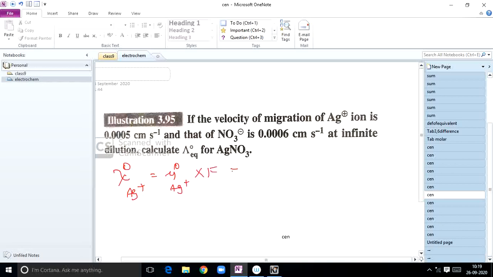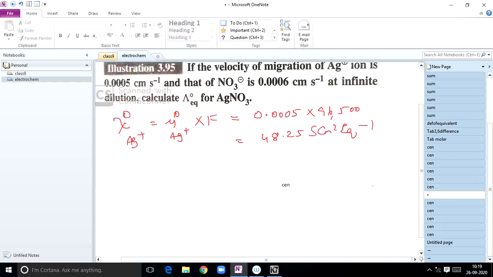Did you remember or not? We have discussed. So that is equal to 0.0005 into 96,500 coulombs. 1 Faraday means 96,500 coulombs. That you will get 48.25 Siemens centimeter square equivalent inverse. Okay, that is lambda naught of Ag plus.